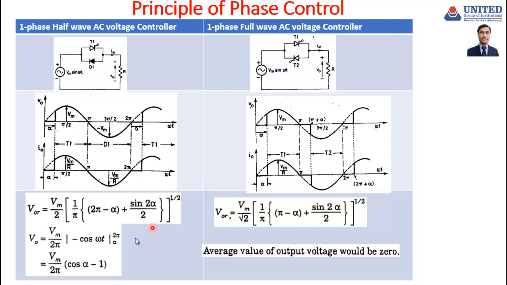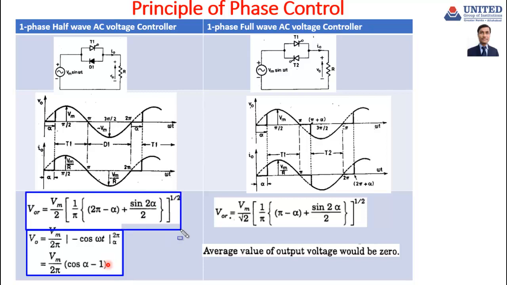The average value of output voltage can also be calculated from the waveform, which is given by V naught equal to Vm upon 2 pi times (cos alpha minus 1). That means this is the DC value of output voltage, and the other one is the RMS value of the output voltage for a single phase half wave AC voltage controller.